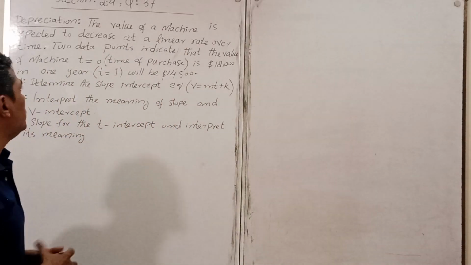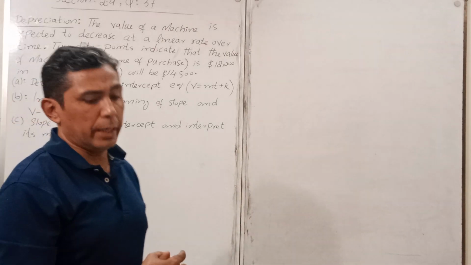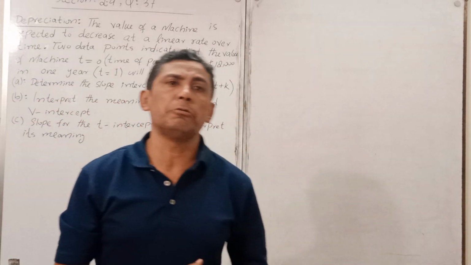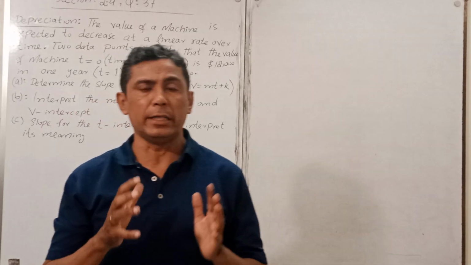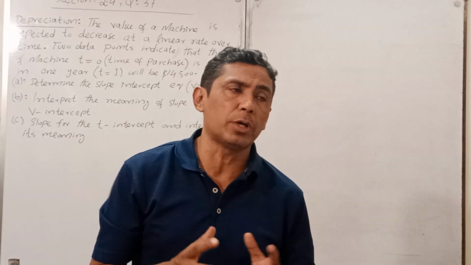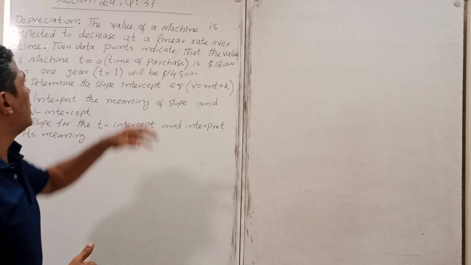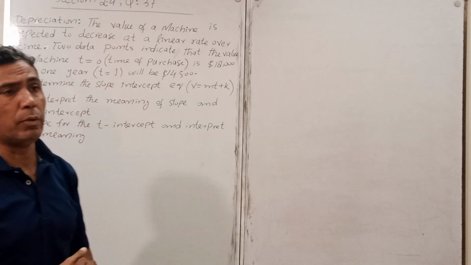Today we have another lecture on slope intercept value, and this is from section 2.4. In the previous lecture we covered section 2.3, and here we are going to cover section 2.4, one important question, question number 37.